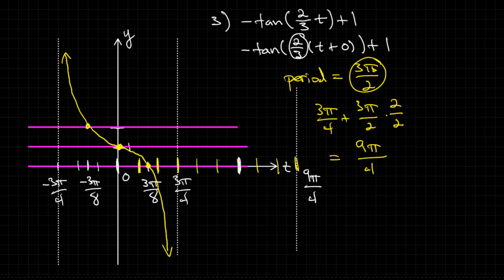So here, you can find these 2 points here, and those will be your important t-coordinates between 3 pi over 4 and 9 pi over 4, and then you just resketch the same y values. So there, and sketch again, and you get a copy of the graph that you had previously drawn, and that's it.